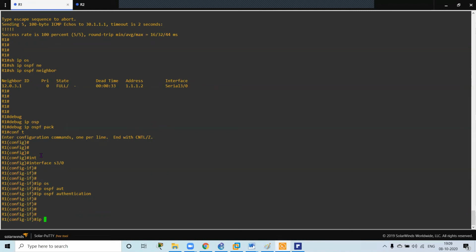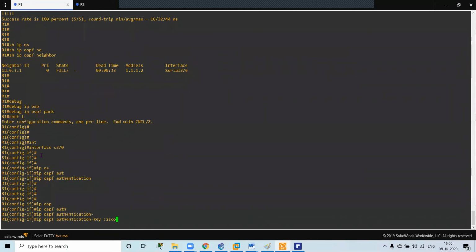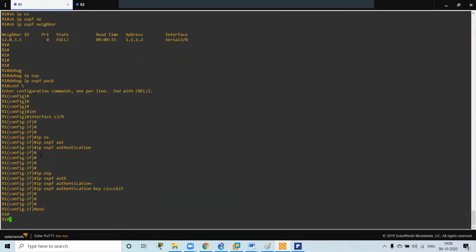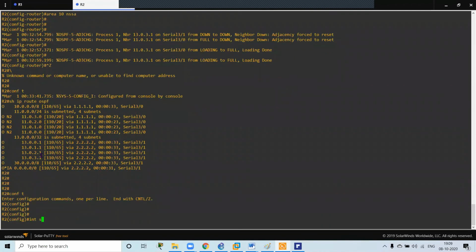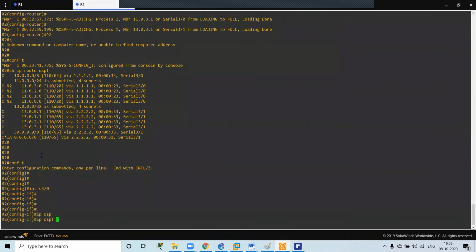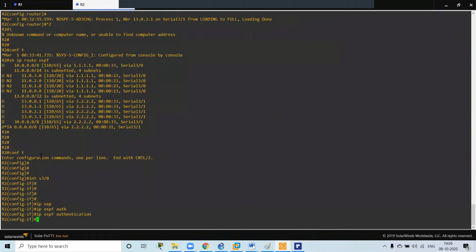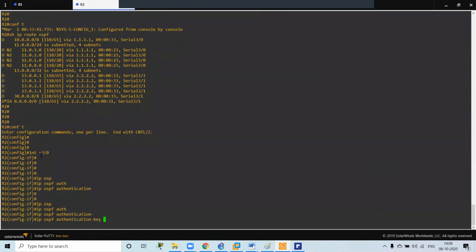Then IP OSPF authentication key. I will make it Cisco 123. Now interface serial 3/0, same commands: IP OSPF authentication, IP OSPF authentication key.